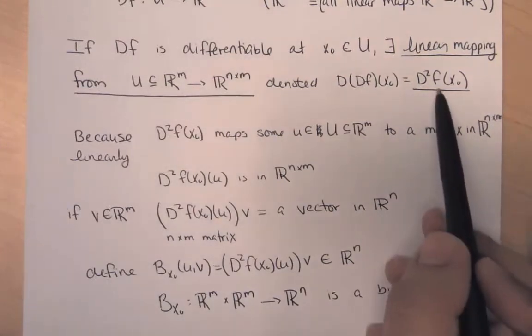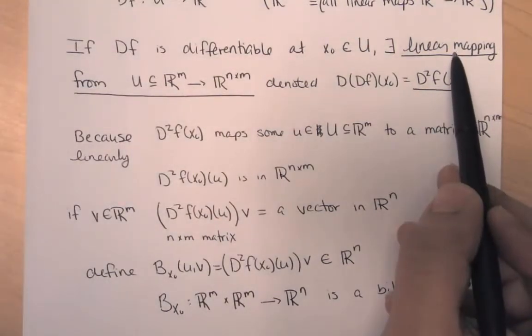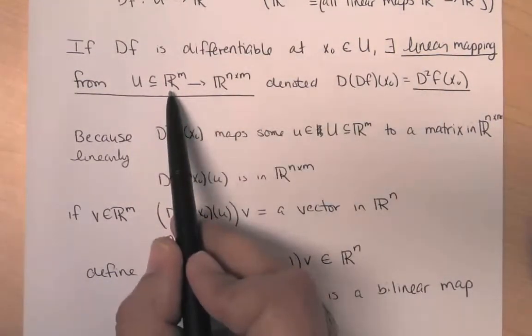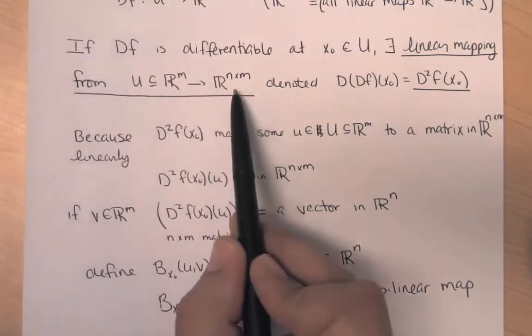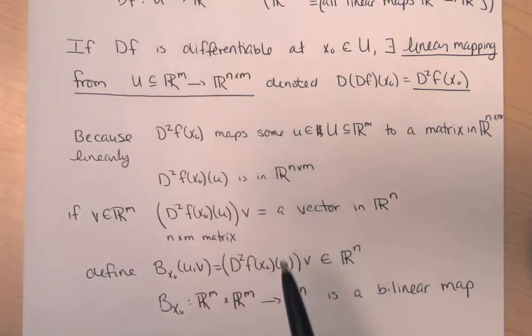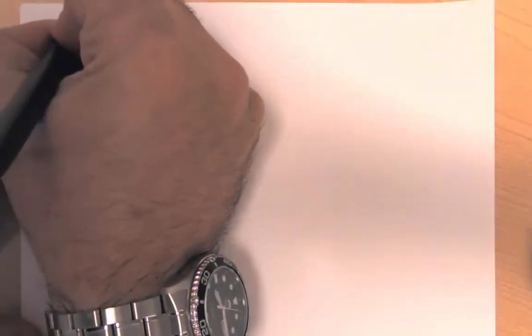That means the second derivative is a linear mapping of a vector in Rm to a linear mapping of a vector in Rm to a vector in Rn. And that is what's represented here. That is why we can think of the second derivative as a bilinear map, because it's a linear mapping to a linear mapping.